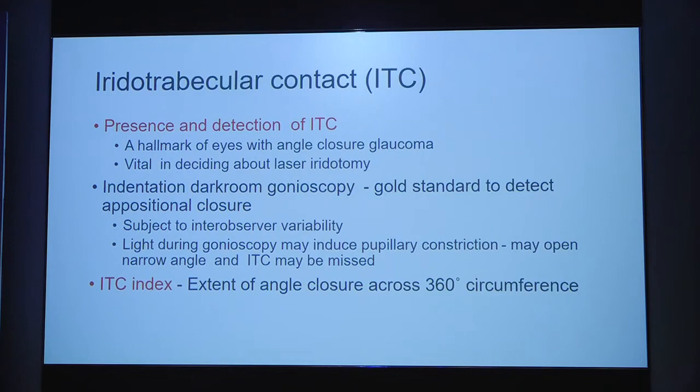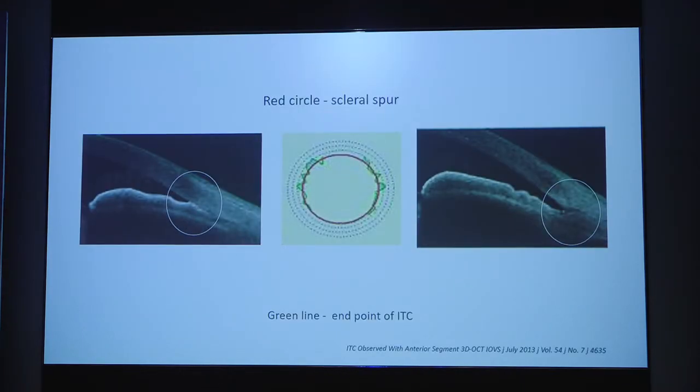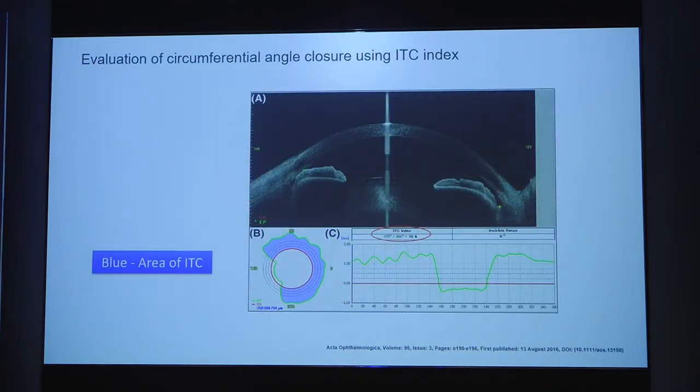So ITC index gives an extent of angle closure in the 360-degree circumference. So the red circle is the scleral spur here, and the green line is the end point of ITC. So we can exactly measure the index. So you can see the blue area is the contact of the trabecular meshwork to the iris.